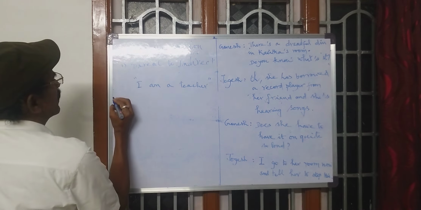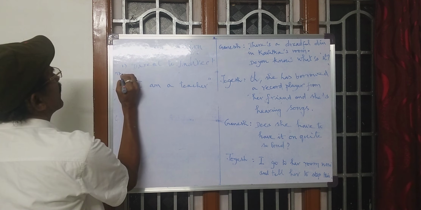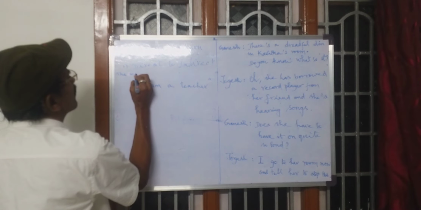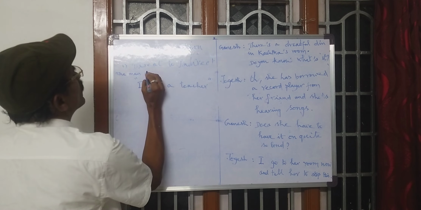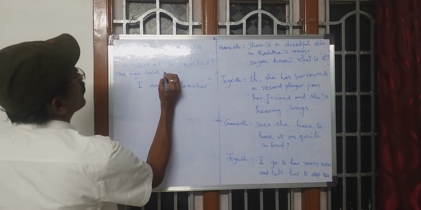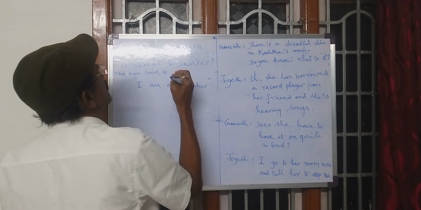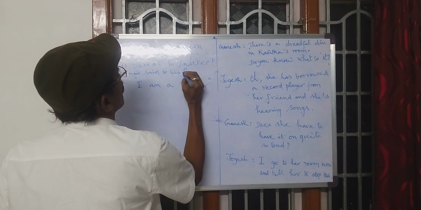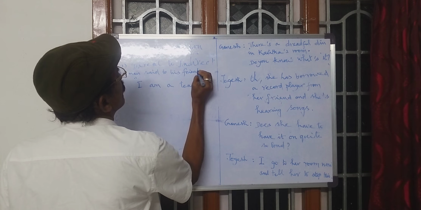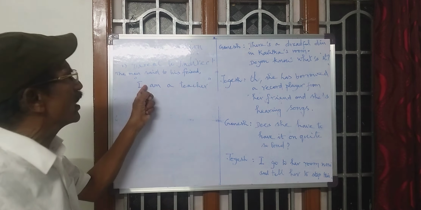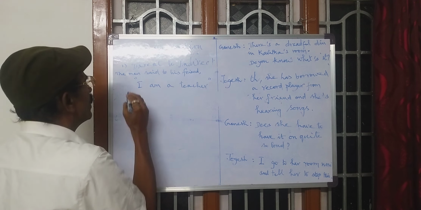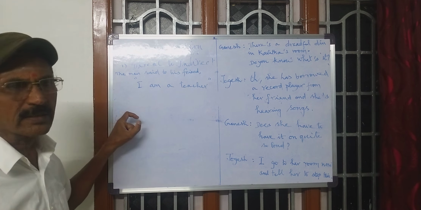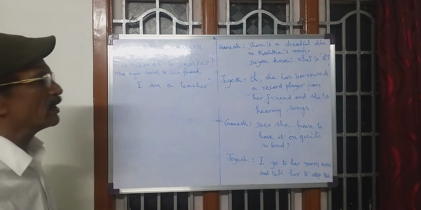Somebody, maybe the man, said to his friend. The man said to his friend, "I am a teacher." When a sentence is given like this, between the inverted commas, it is direct speech.